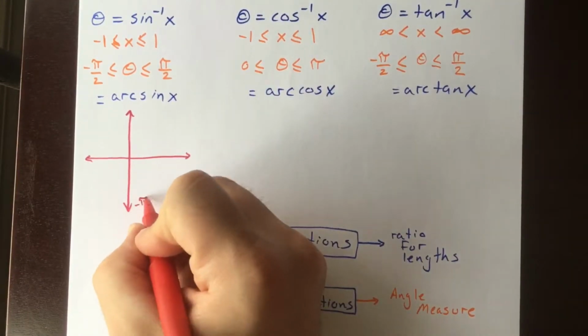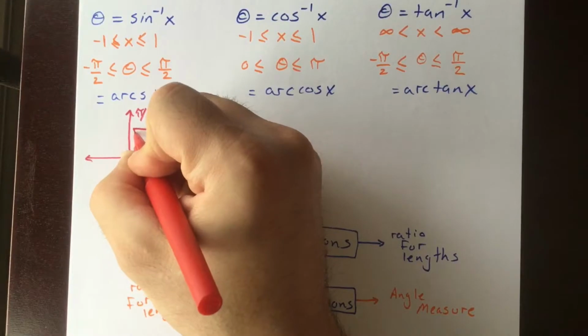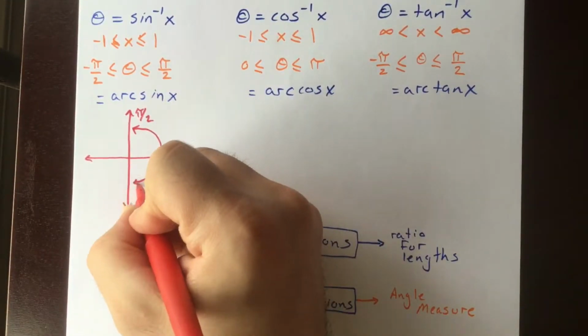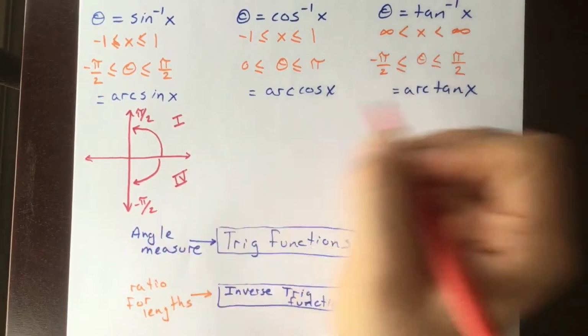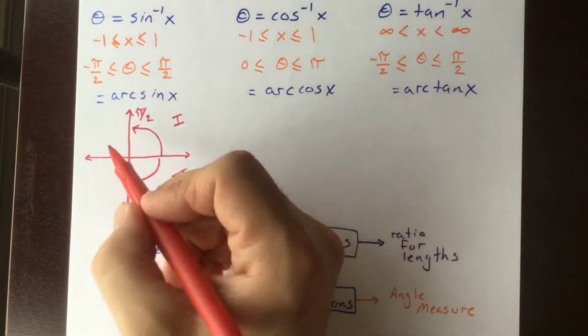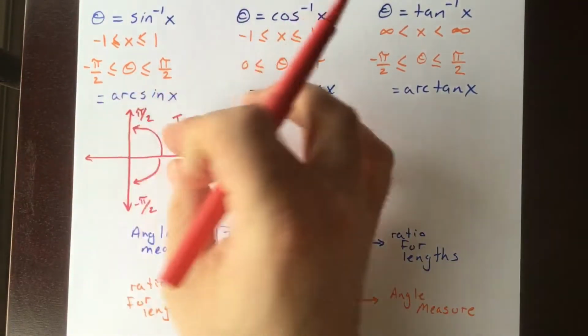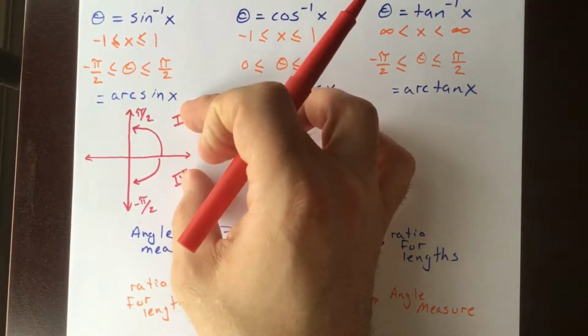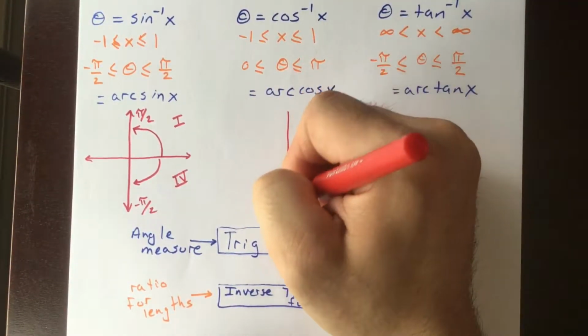That is the angles within quadrant 1 and quadrant 4. If we have an angle within the other two quadrants, we would just revert back to these two using the reference angles.